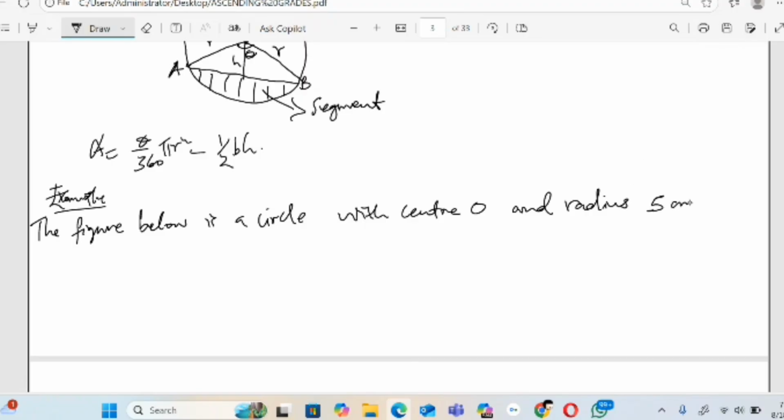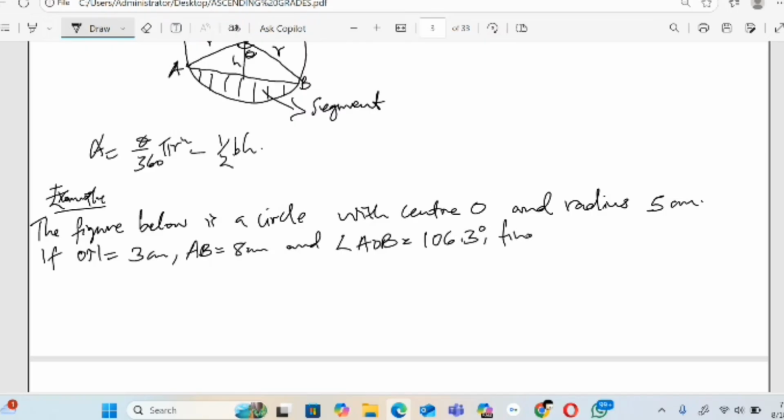If ON is equal to 3 centimeters, AB is equal to 8 centimeters, and angle AOB is equal to 106.3 degrees, find the area of the shaded region.